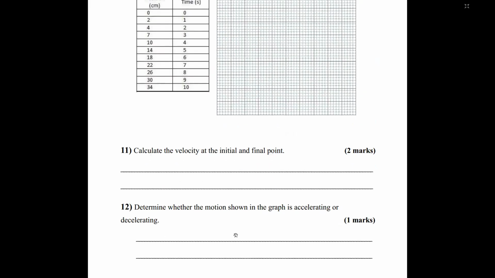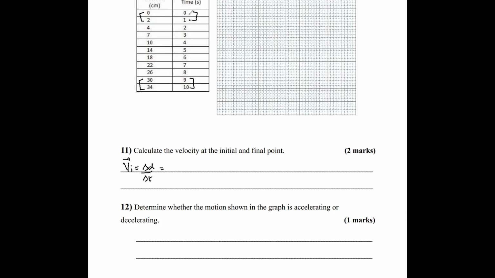Now the second thing is to find the initial and final velocity. Obviously, we know that velocity is equal to change in distance divided by change in time. For initial velocity, we take the first 2 points, and for final velocity, we take the last 2 points.